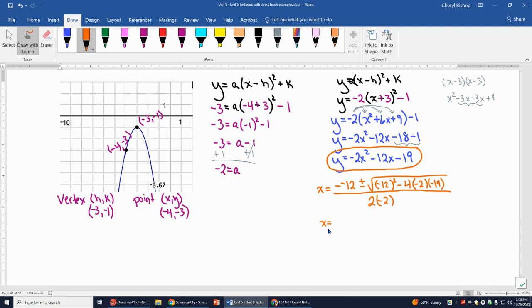All right, so x equals negative 12, which is a positive 12, plus or minus the square root of 144, positive, because when I square a negative, it becomes positive.